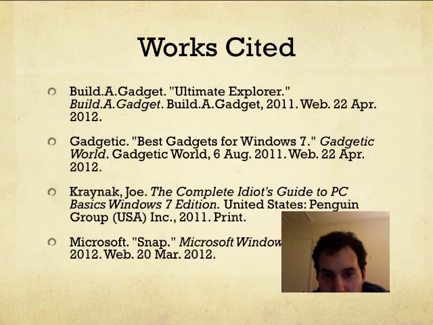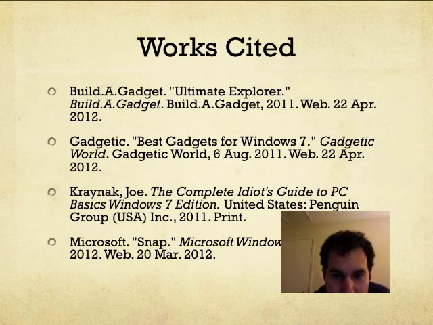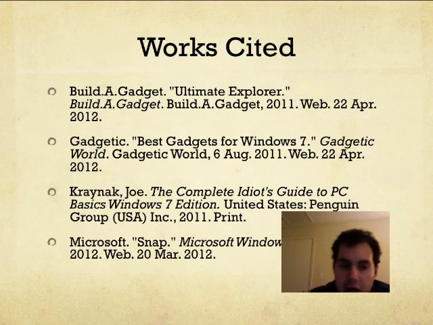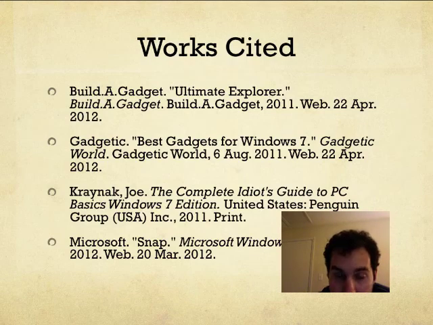And here are the works cited pages that I cited during my research. Build a Gadget was used for Ultimate Explorer. It was one of the creators of some of the gadgets that are popular these days. Another article I had was from Gadgetic, the best gadgets for Windows 7.